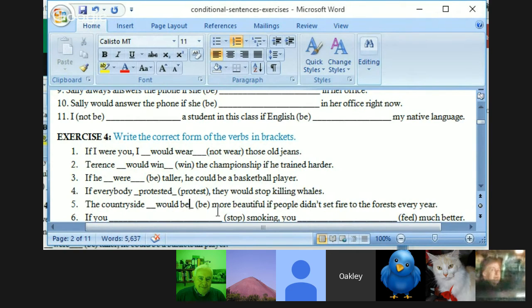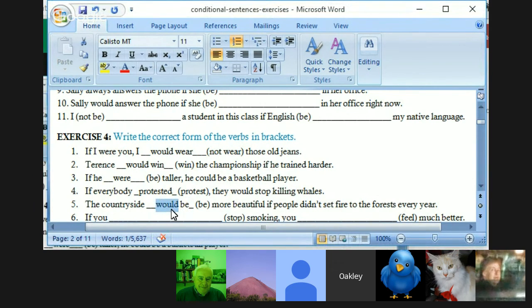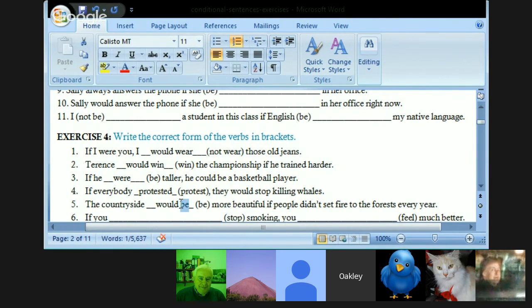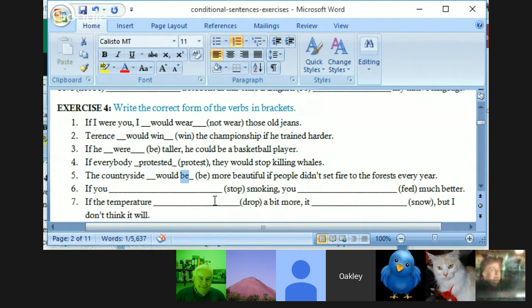Notice, this is the result clause here. Notice our verb to be after the modal is in the base form, as it should be. All right. Very good. That is correct. That was a tricky one. Good job, Roberto.